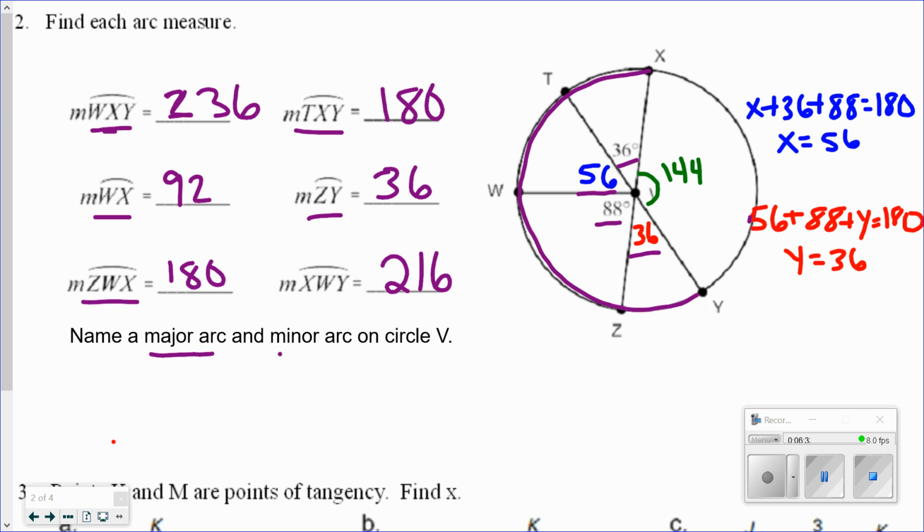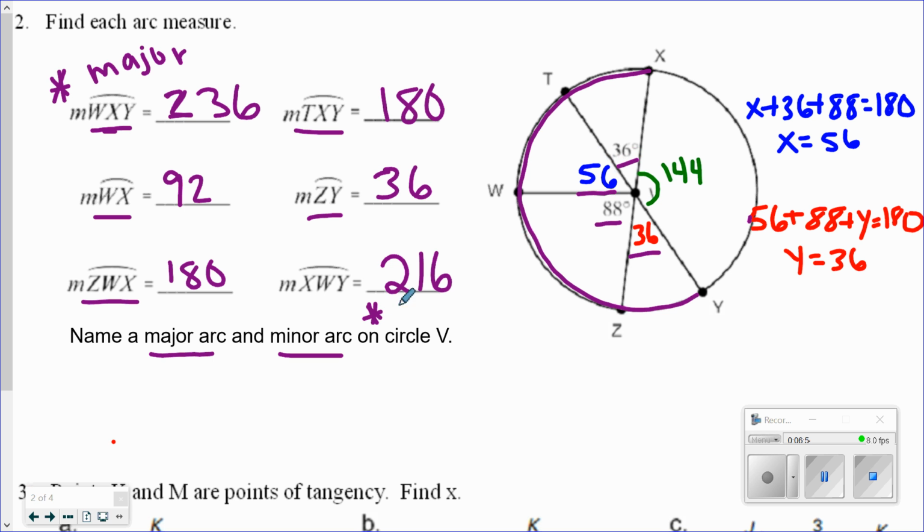Name a major arc and a minor arc for circle V. A major arc is an arc that's greater than 180 degrees, and if we look at our answers here, we have a few. We have this one right here, this would be a major arc.